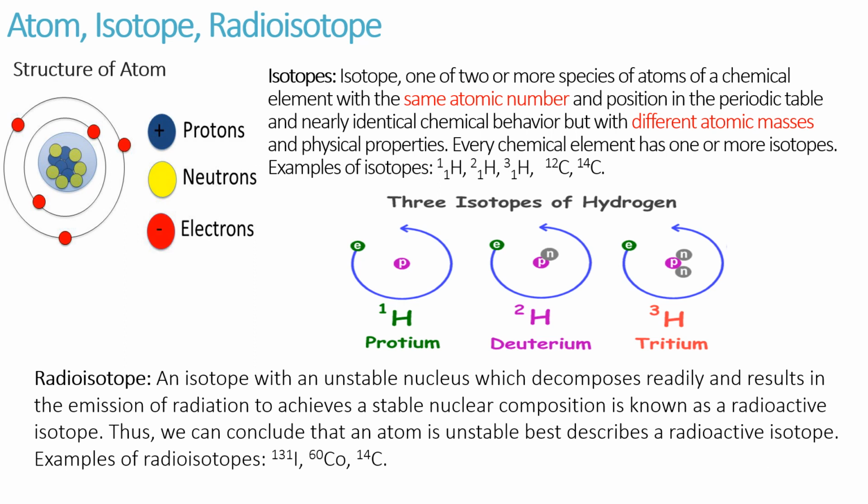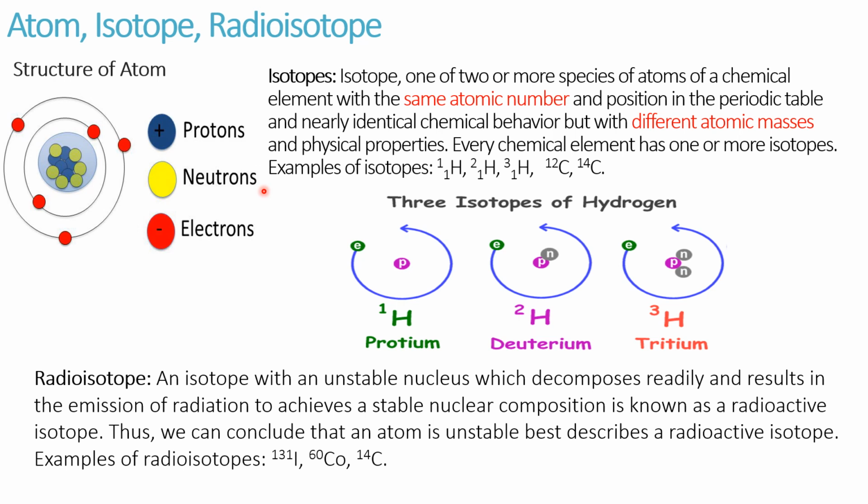Let us understand what is the difference between isotopes and radioisotope. This is the structure of atom. Atom is composed of three subatomic particles: proton, neutrons and electrons. Number of proton makes the atomic number, whereas sum of the protons and neutron makes the mass of an atom.